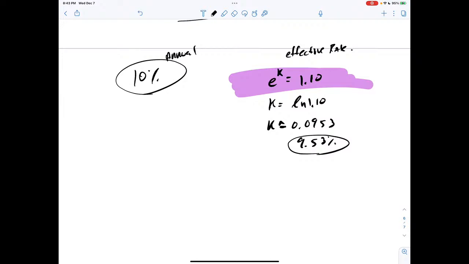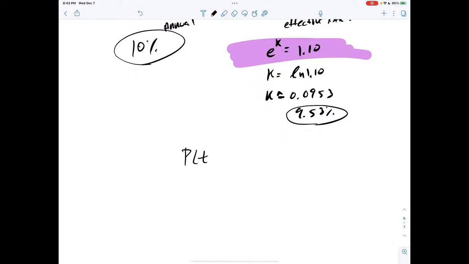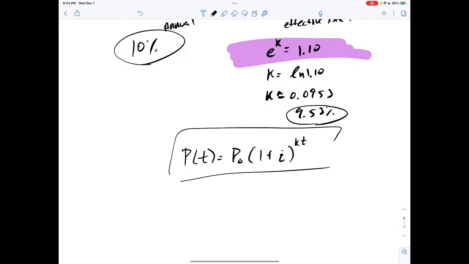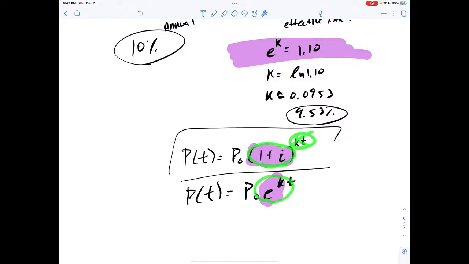Oh, you're having trouble with the 1? The reason you're adding 1 is, if you remember, our compound interest formula was 1 plus i to the power of whatever, kt. So this is your base. So you're equating the bases. My other formula was P at t is P naught e to the kt. So you're taking e to the k and setting it equal to your interest rate here. These are different k's, by the way. So it's not the same k.